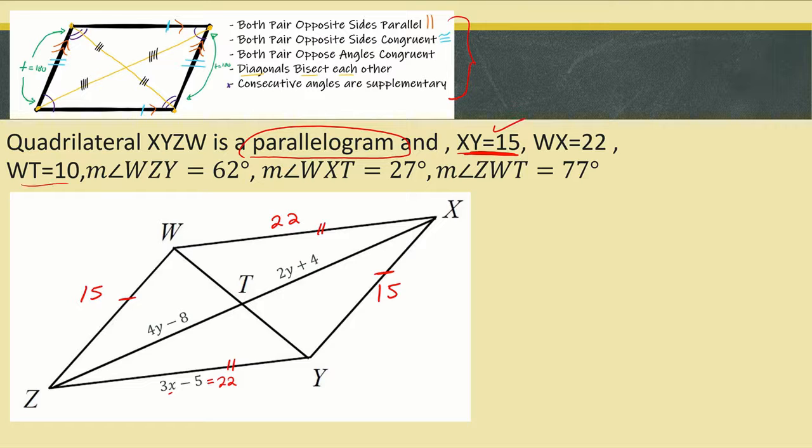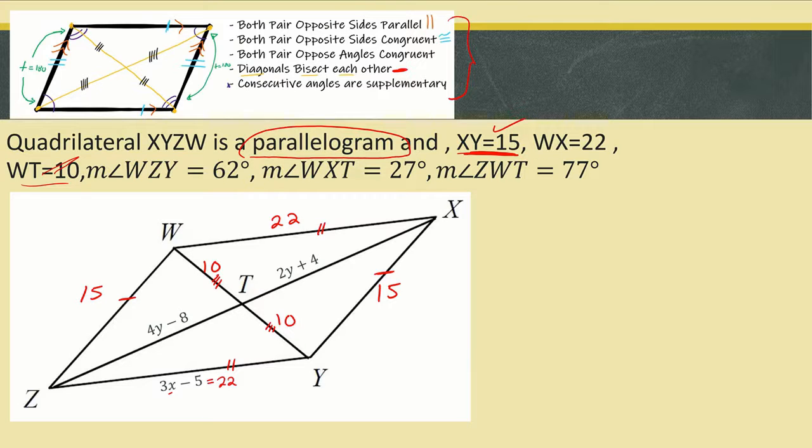The next thing they're telling me is that WT is 10, okay? Remember, the diagonals of a parallelogram are going to bisect each other. So that's telling me that these two parts are going to be congruent to each other. So if WT is 10, then TY is also 10.